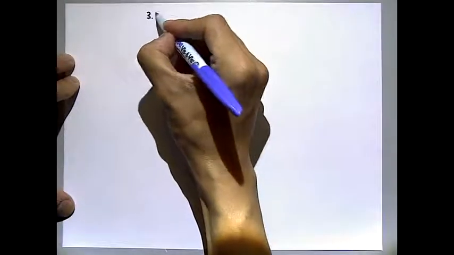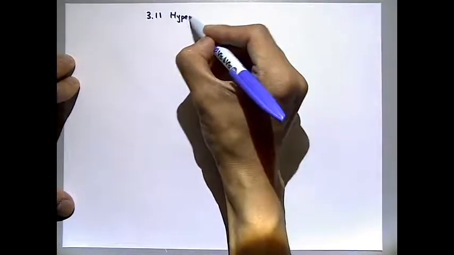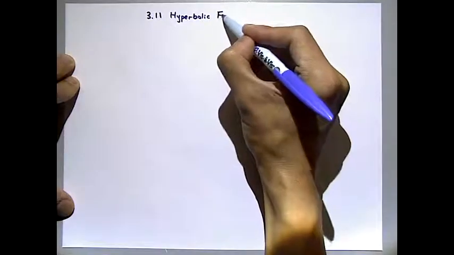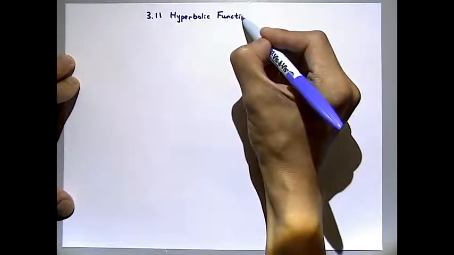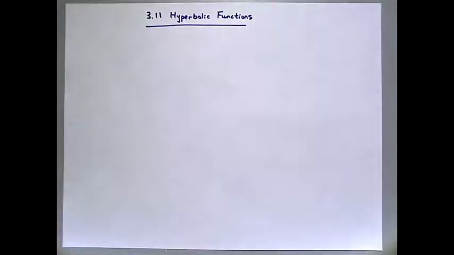For the second half, we're going to look at part of section 3.11. We'll look at these things called hyperbolic functions. They show up in many physics and engineering applications.